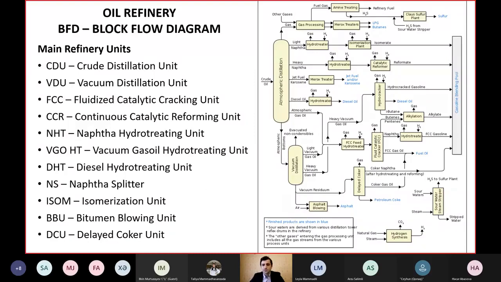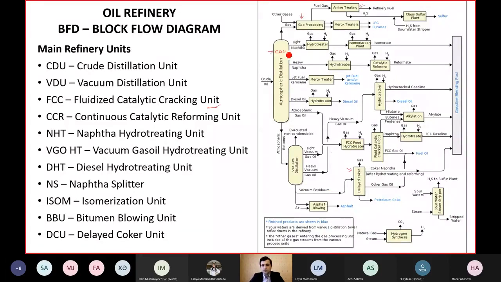So this is one unit. Gas processing, another unit. Amine treating, another unit. The delayed coker, this is another unit. So these are the main refinery units. This is CDU.